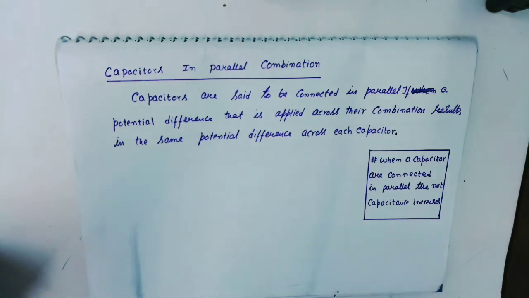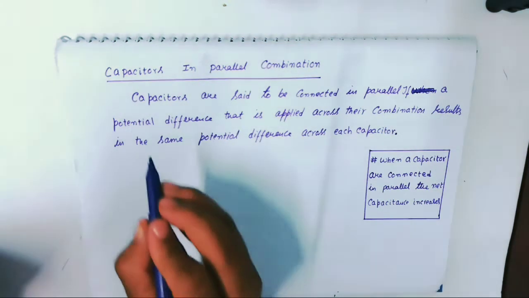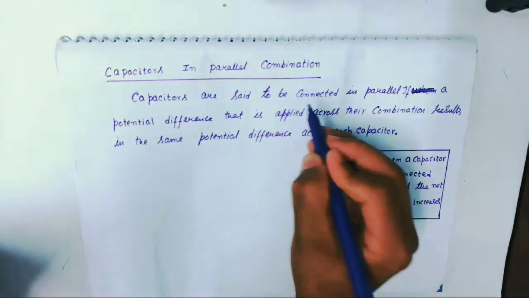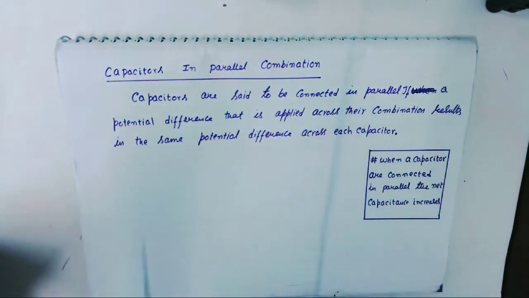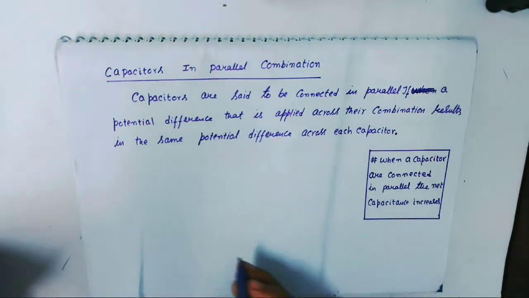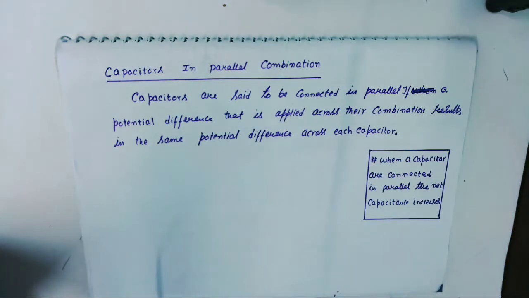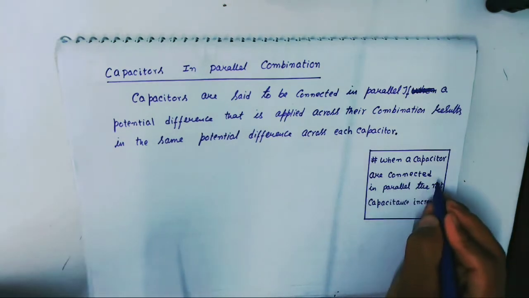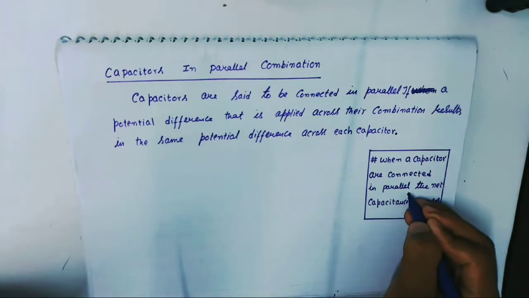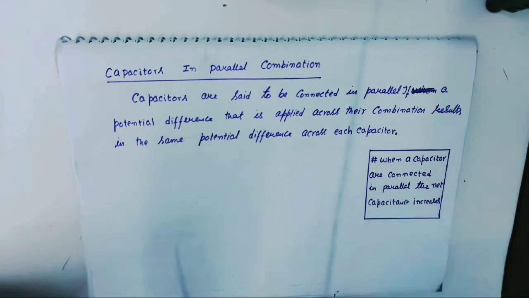Now we will discuss capacitors in parallel combination. Capacitors are said to be connected in parallel if a potential difference that is applied across their combination results in the same potential difference across each capacitor. One should be noted that when a capacitor are connected in parallel, the net capacitance increases.